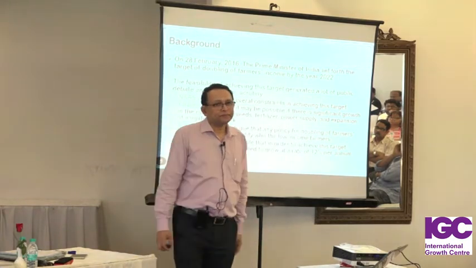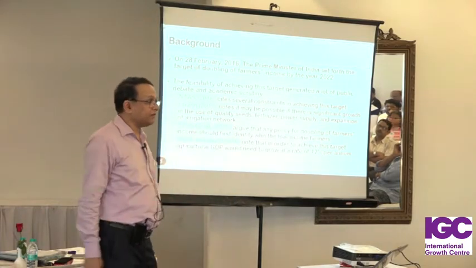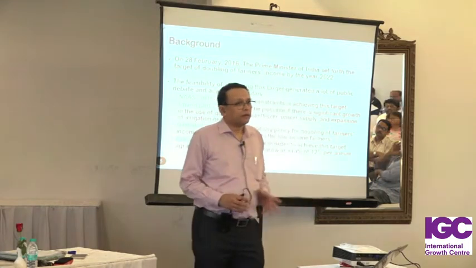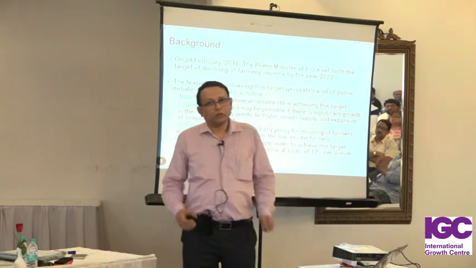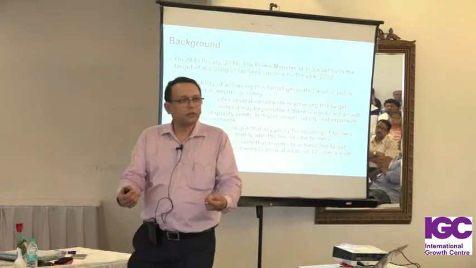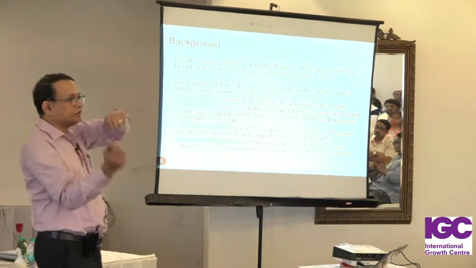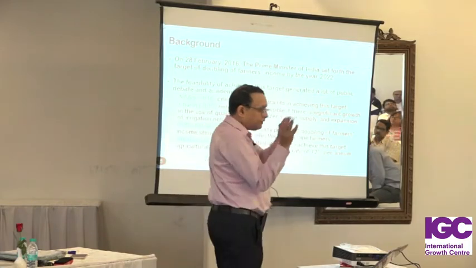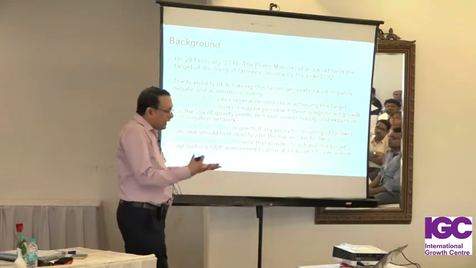It sets your mind thinking on a completely different framework. You're no more talking of how much to produce, but what you should produce in order to double the income. The very focus changes, and rightly so.